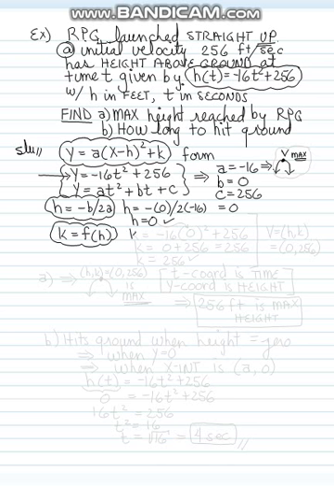So that tells us that k is equal to this function, negative 16 t squared plus 256, where we replace t with this value, 0. So k is equal to 0 plus 256, which is equal to 256. So k is equal to 256.